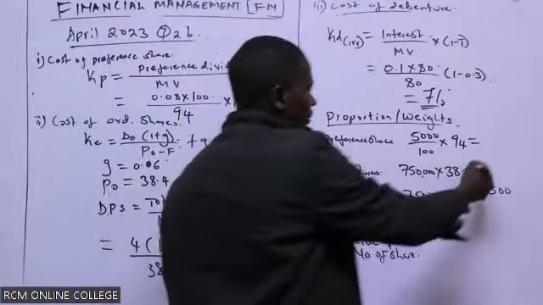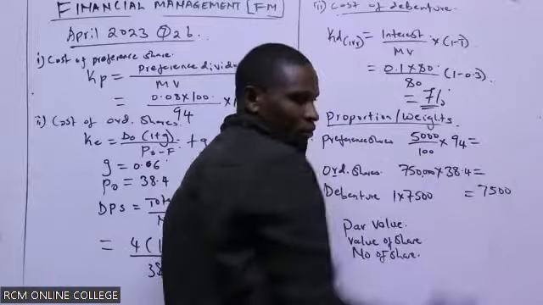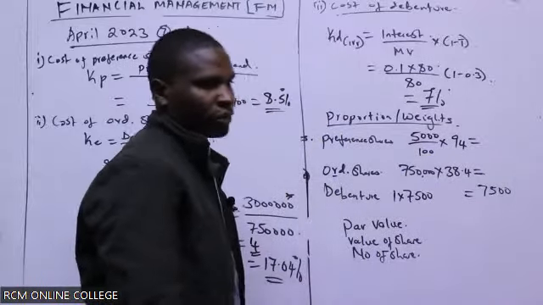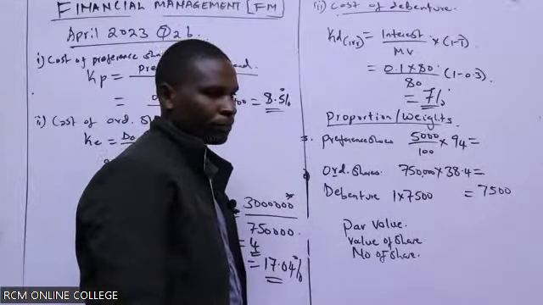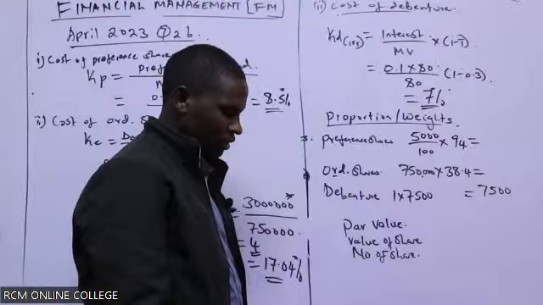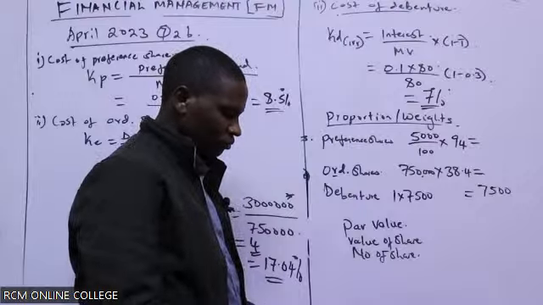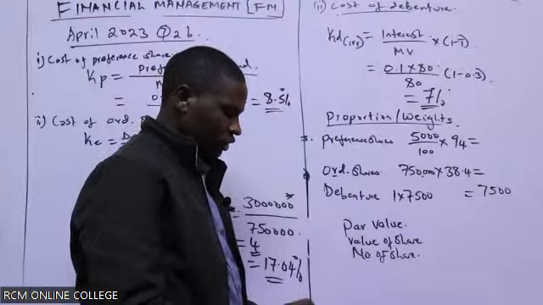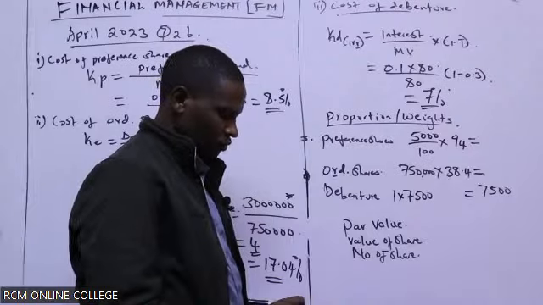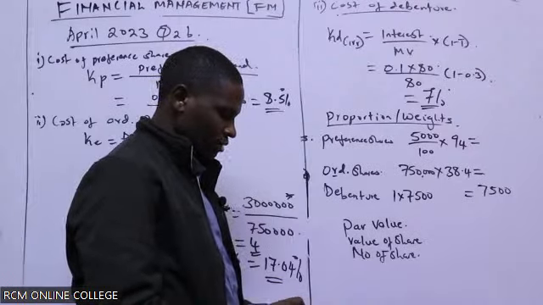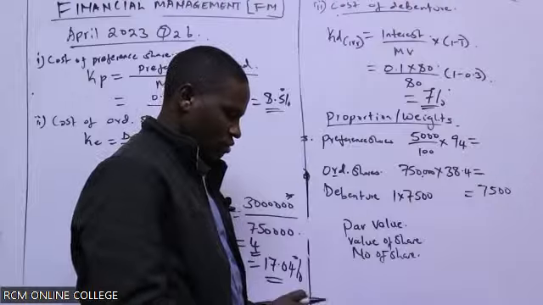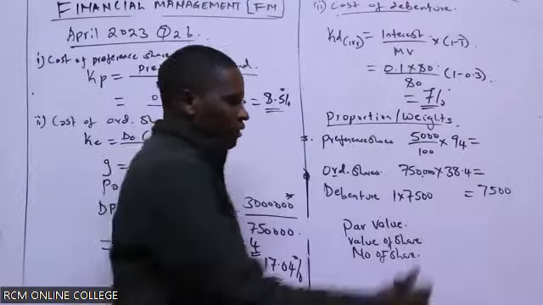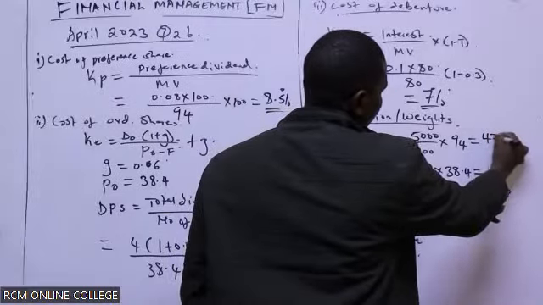So uze total hapa, preference share ni ngapi total? Si ni 50 times 94. 50 times 94, kwani mnapata ngapi? 4700? Yes, 4700.